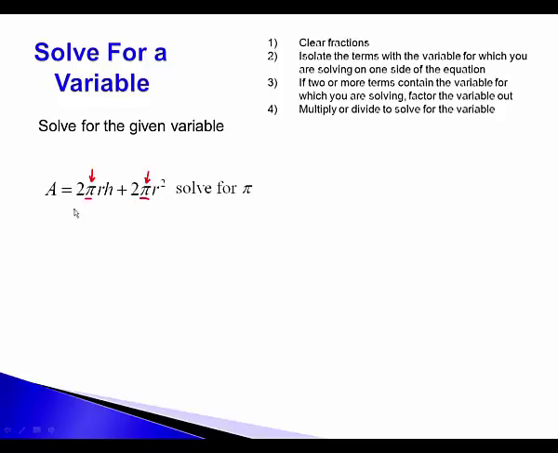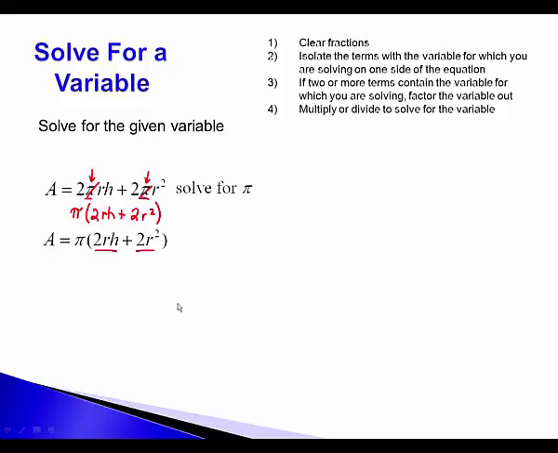What that means is on this side, I'm going to pull out a pi, and if I take a pi out of this and a pi out of this, what I'll be left with is 2rh plus 2r squared. So my next line will be A is equal to, there's the pi that we pulled out, and here's everything that was left and everything that was left. That's the step 3, which says factor out the variable.